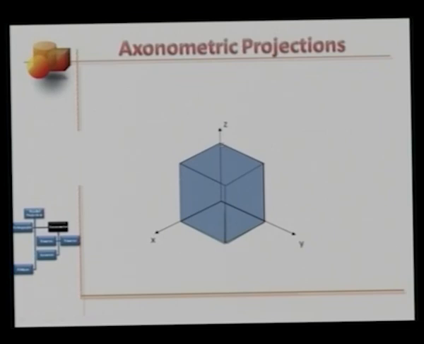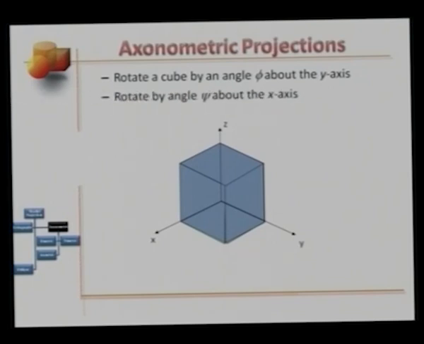The idea is quite straightforward when taking axonometric projections. You would want to rotate an object represented by this cube about any two axes. Here, we rotate this cube about the y-axis and about the x-axis. Now, the angles of rotation can be arbitrary. Here, we have the angles as phi and psi.